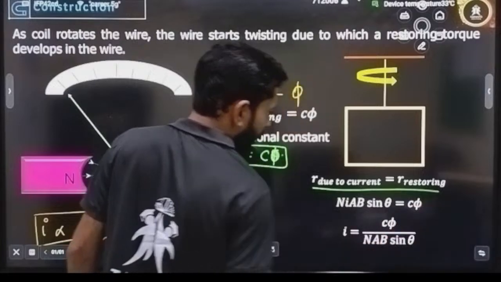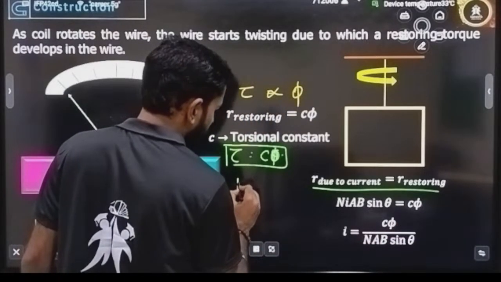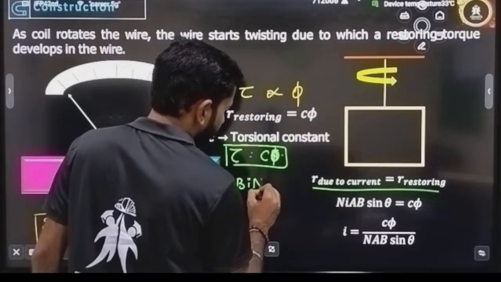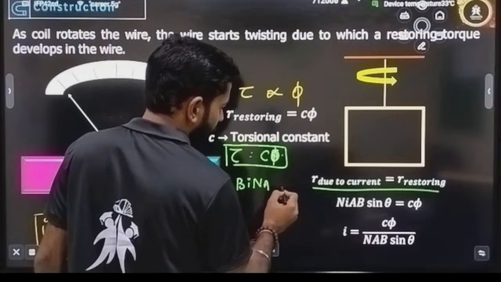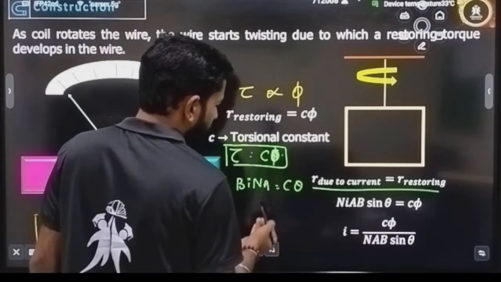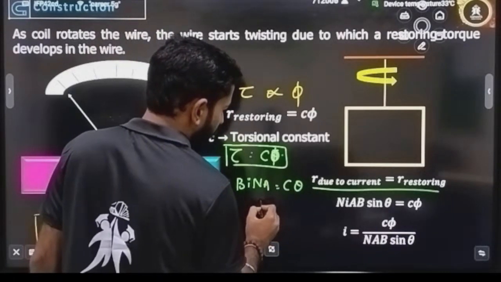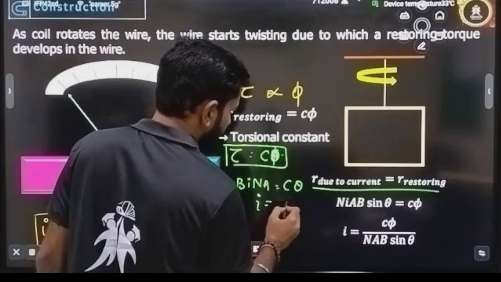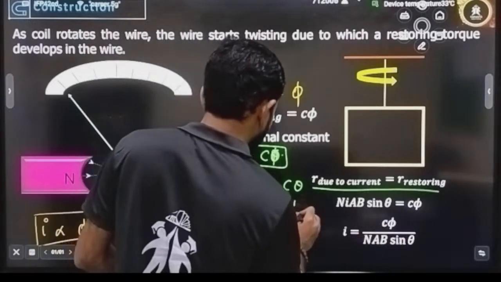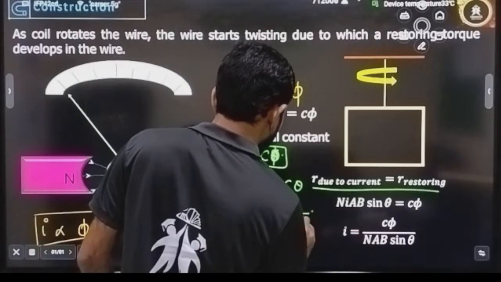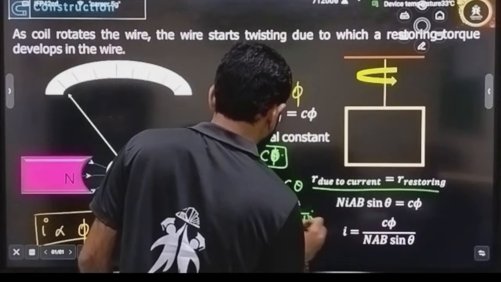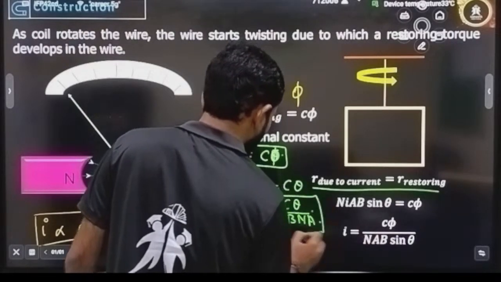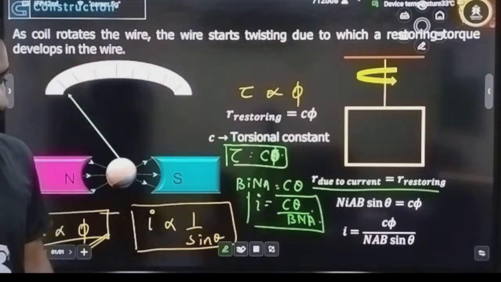Torque due to current is equal to torque due to restoring force, and the torque due to current I have written as B into N into I into A, which is equal to C into theta. That means the current can be written as C theta divided by B into N into A. This will be the current.